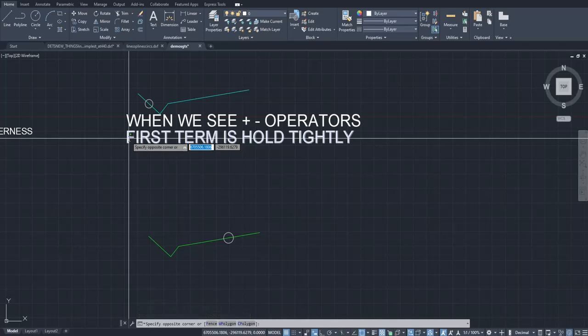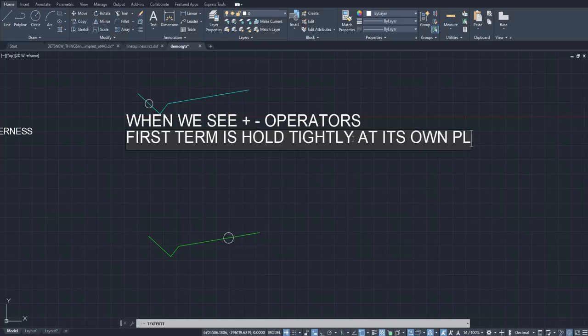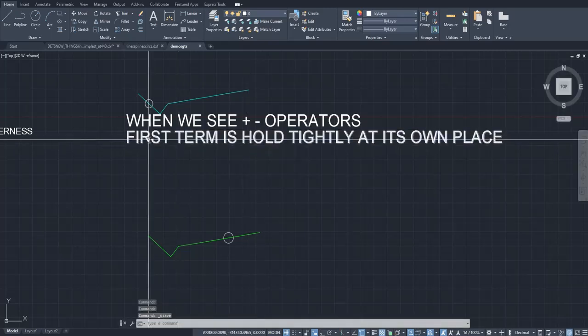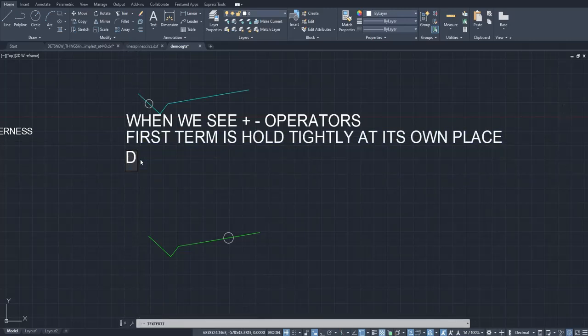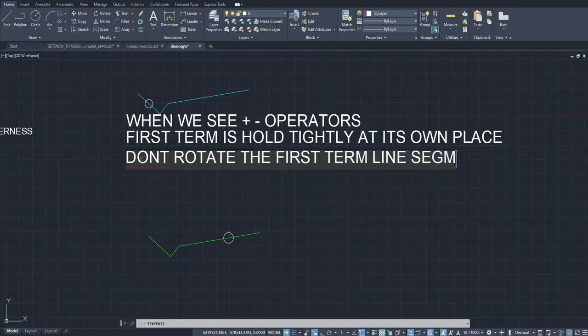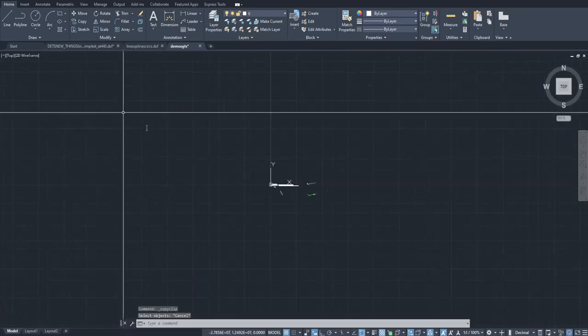If we write it as cos x plus sin x plus 1, then cos x is the first term. So the first term is held tightly at its own place. Don't move it, don't rotate the first term line segment. This is the rule.